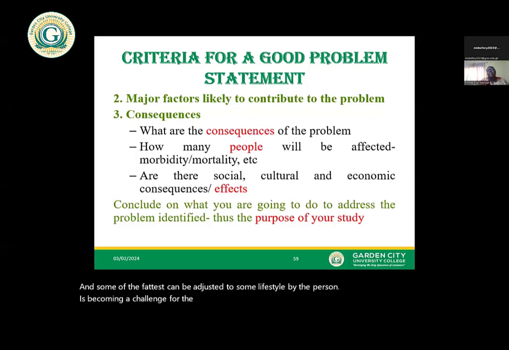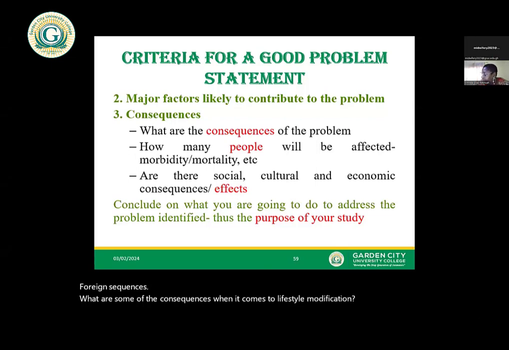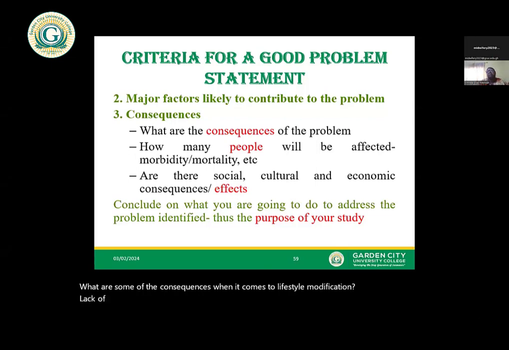And then you come to the consequences. What are some of the consequences of lack of lifestyle modification? The person can get complications such as diabetes and other things.